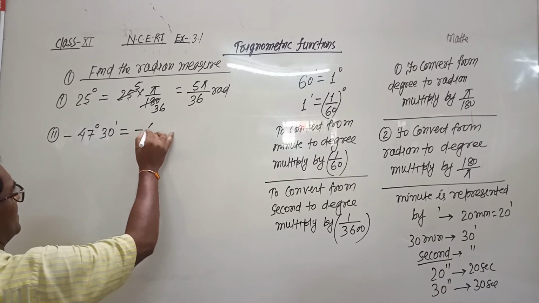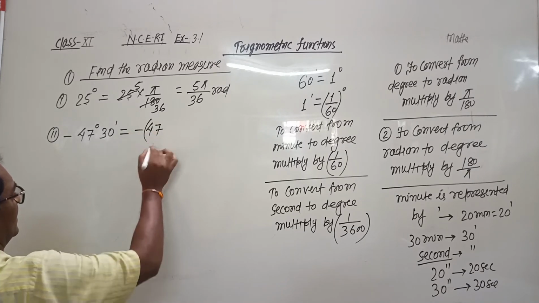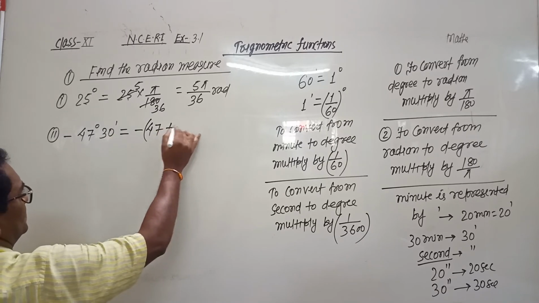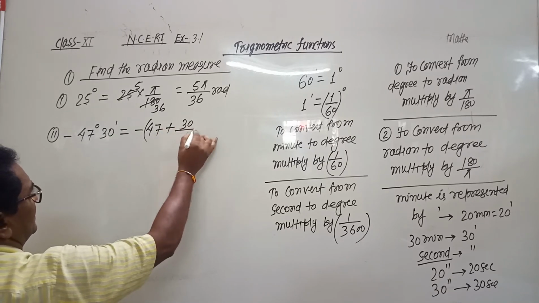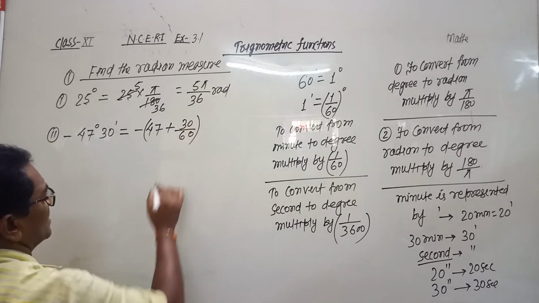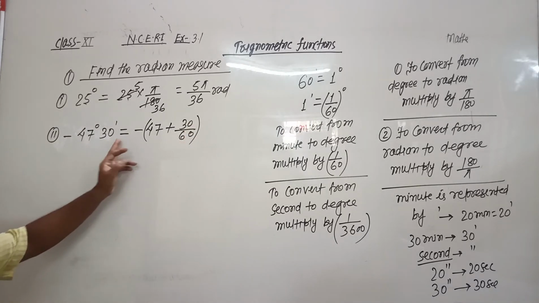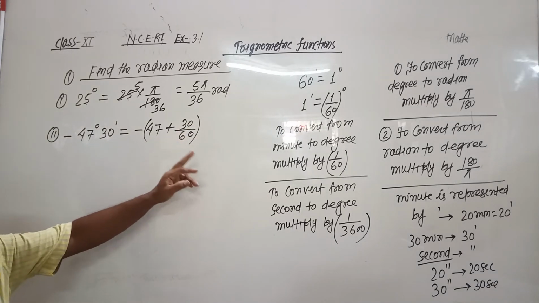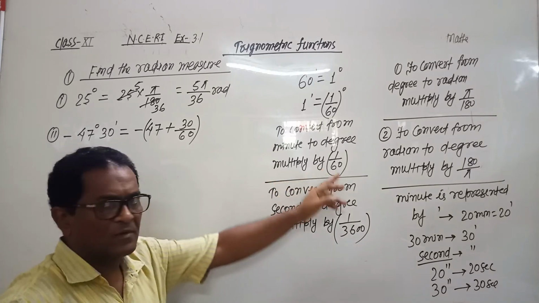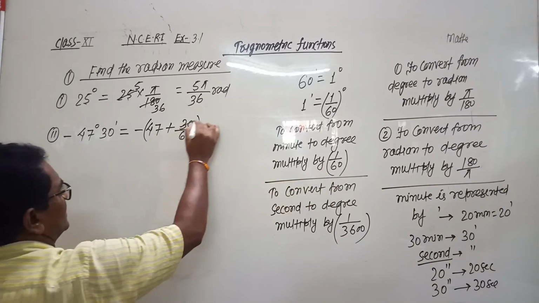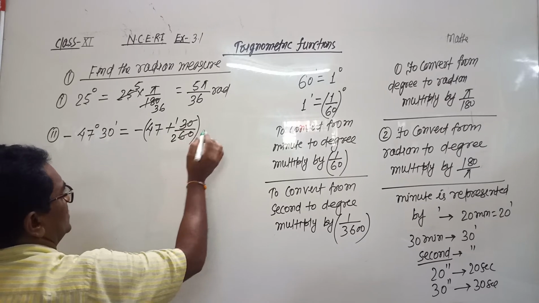So we get minus 47, and 30 minutes, so plus 30 by 60. To convert from minute to degree, we will have to multiply by 1 by 60. So we get 30 divided by 2 is 1 by 2.